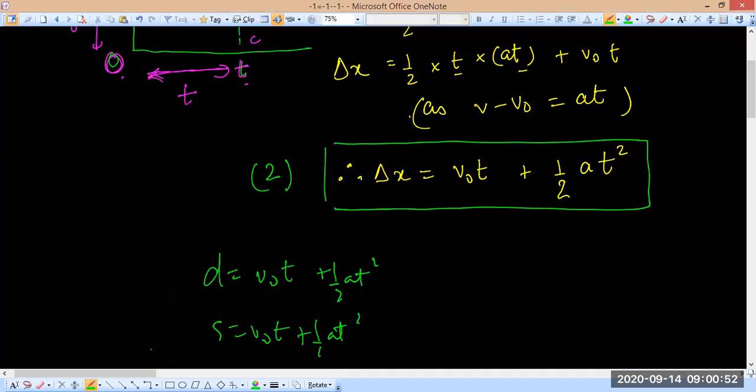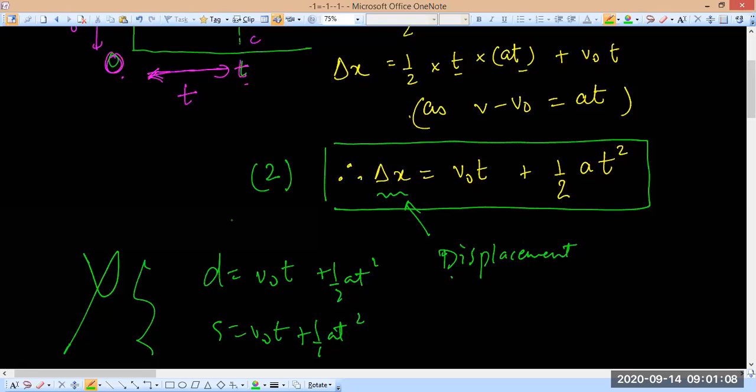I'd say no, don't use these. Please don't. But writing delta x is very important because delta x indicates displacement, and displacement cannot be d and cannot be s. Clear? So please be careful.